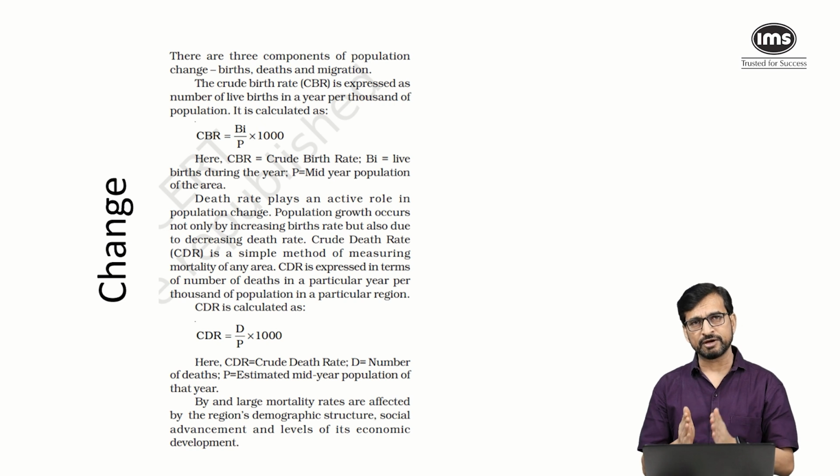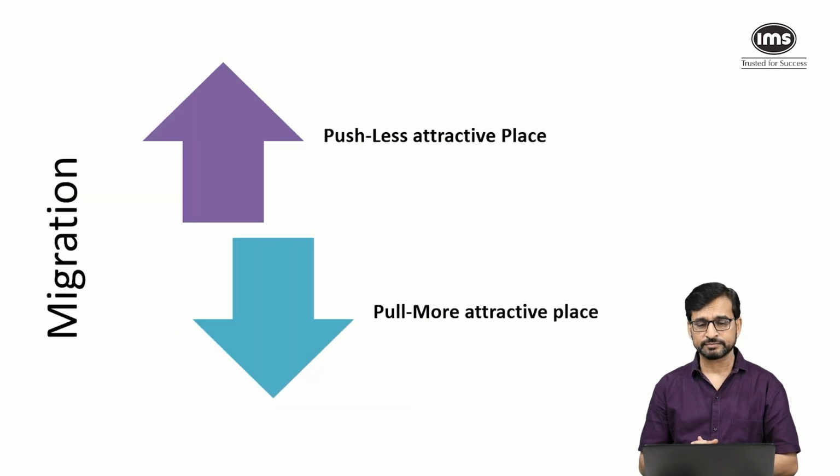So if we think of what are the ways of population change, that can be CDR, CBR, or migration. Either death or birth or migration. These are the 3 ways through which population can change.